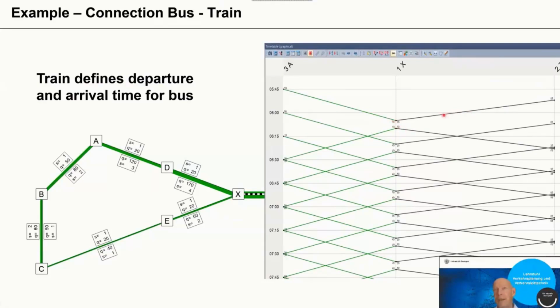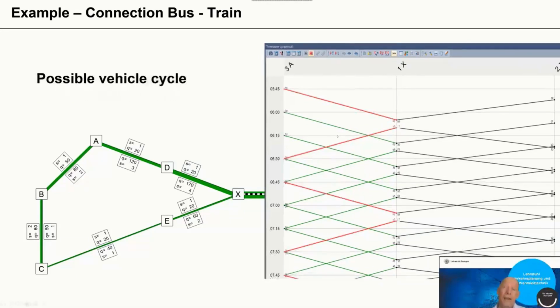And likewise, coming back at minute 5, and they travel out into the countryside. This would be the second step. So we already have our skeleton of our timetable. And then I go back to possible vehicle schedules.